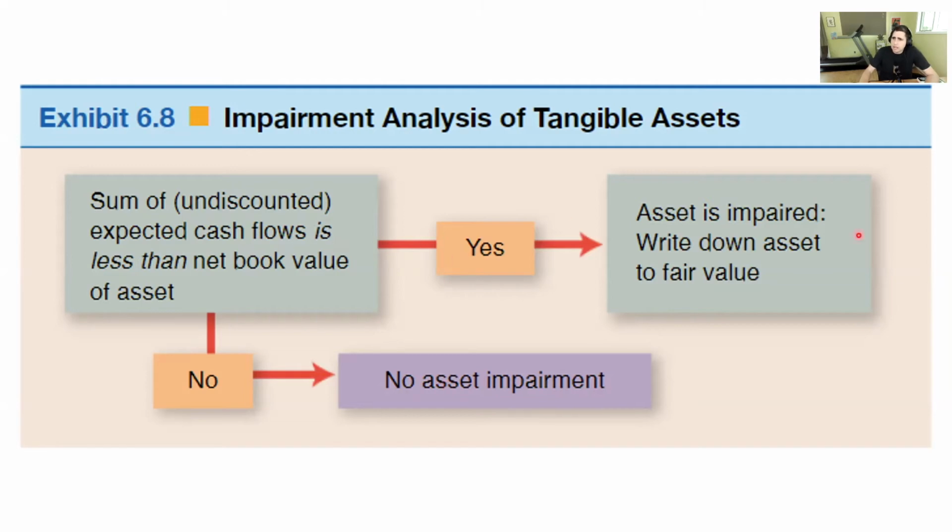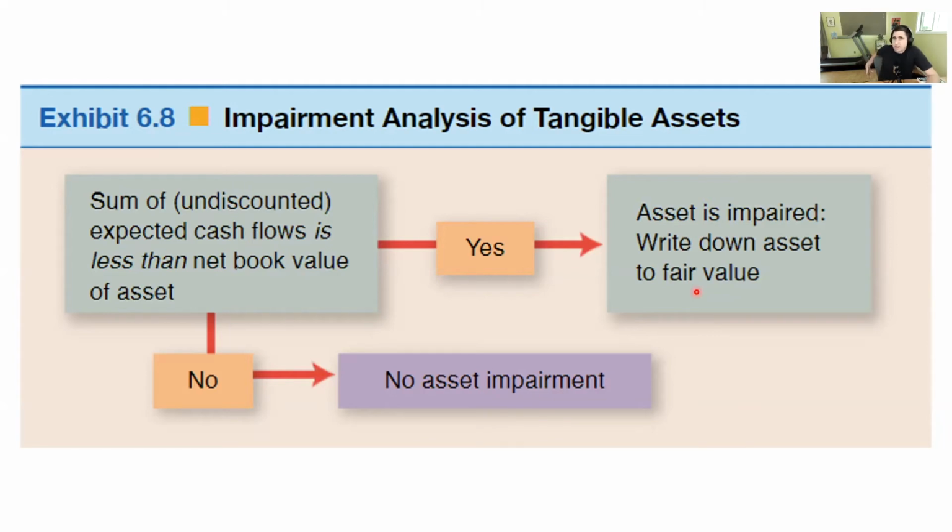So once the undiscounted cash flows are less than the book value of the asset, then you discount those cash flows. And when you discount the cash flows, you arrive at the fair value of that asset. So if I were to take the $500 of future cash flows associated with this chair and discount them to today, so what are those future cash flows worth today based on some interest rate as a rate of return?